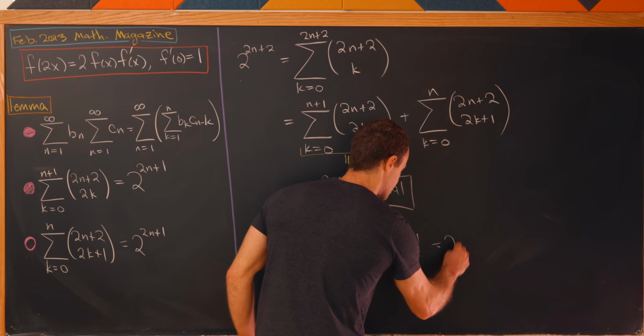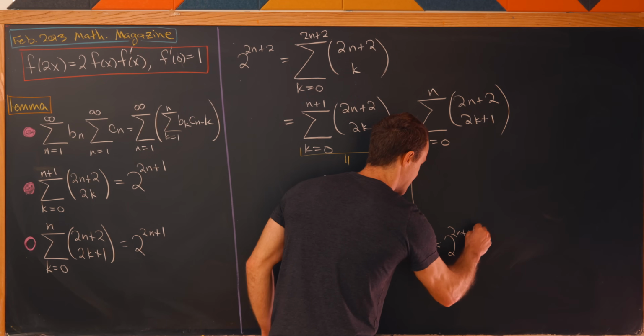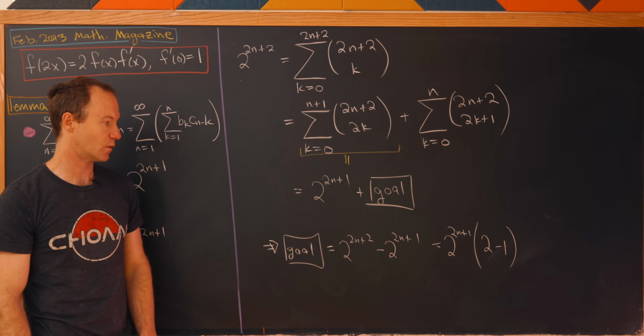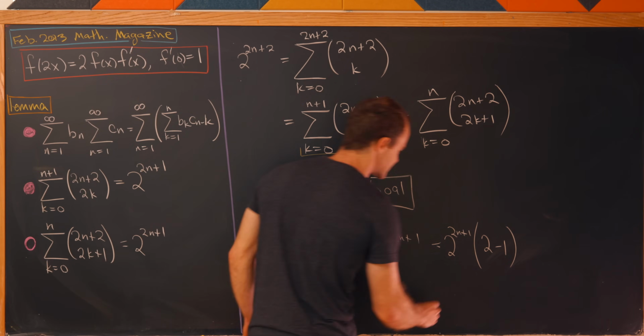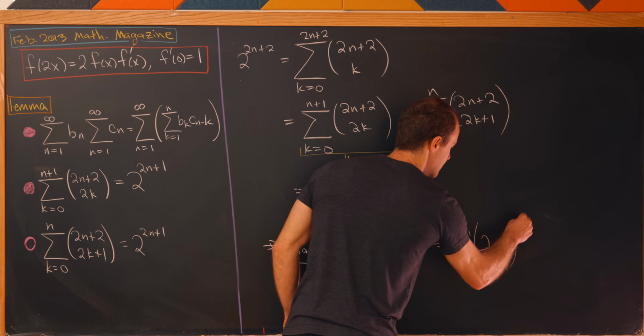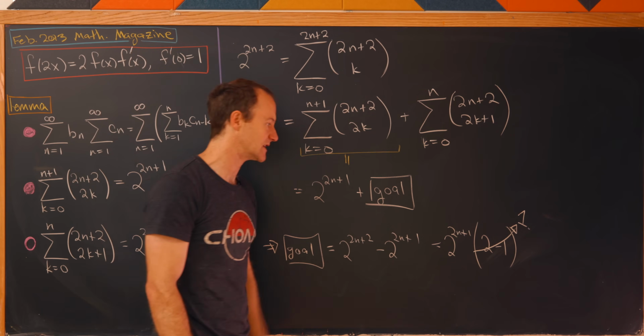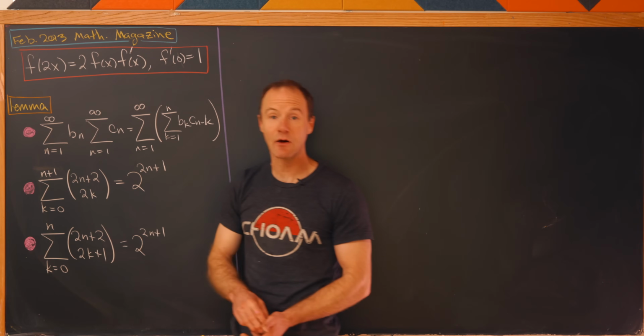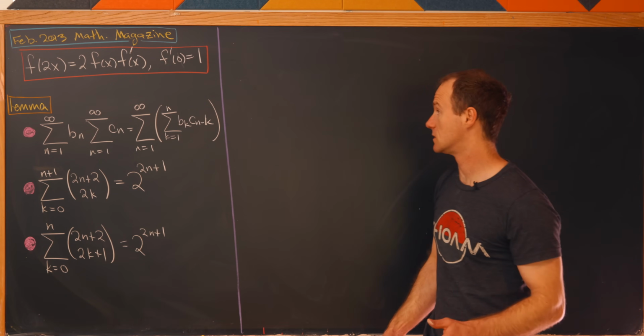But we can factor a 2 to the 2n plus 1 out of that, leaving us with a 2 minus 1. But 2 minus 1 is equal to 1, and that leaves us exactly where we want, so we've established this. And now we're ready to move on to our main result.